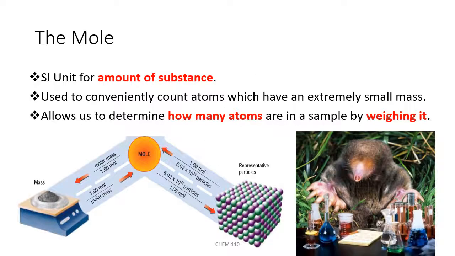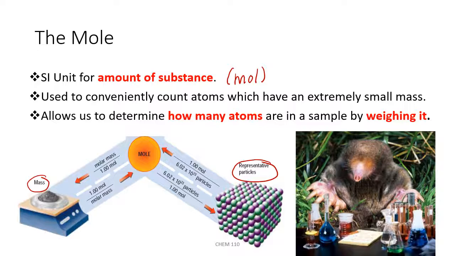If you remember back to chapter 1, when we learned about the fundamental units, the unit in chemistry for amount of substance is the mole. The abbreviation is mol. The mole is essentially a convenient counting term which allows us to interconvert between masses that we weigh out in the lab in units of grams, and eventually we can figure out how many particle units are in those grams by simply weighing them.